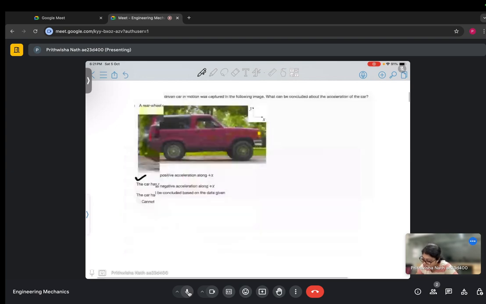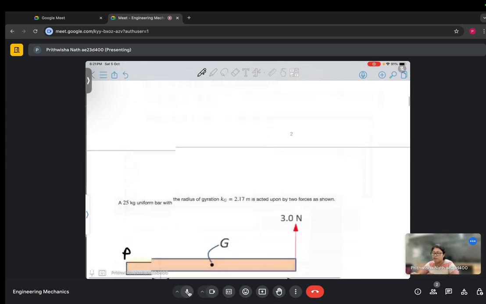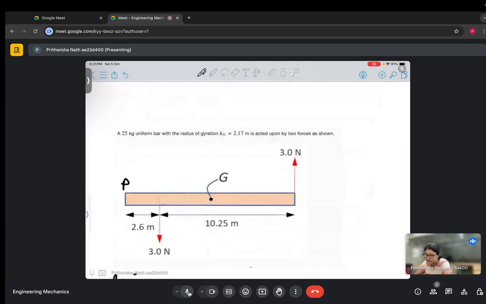Now in the next problem, the bar is 25 kg with k given as 2.17 meter, and it is acted upon by two forces of 3 Newton each.